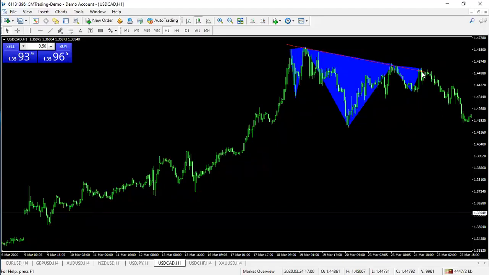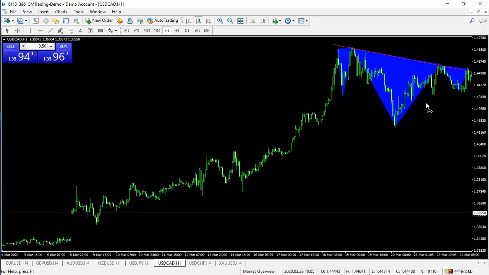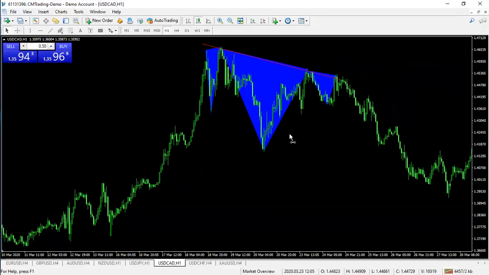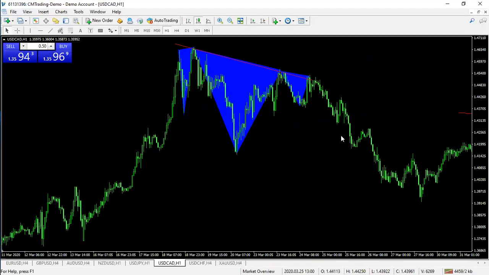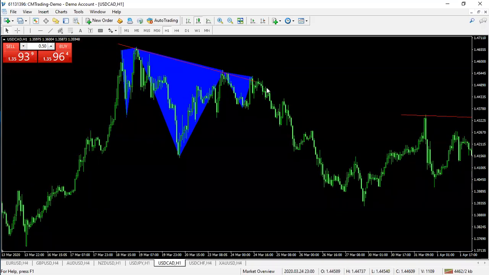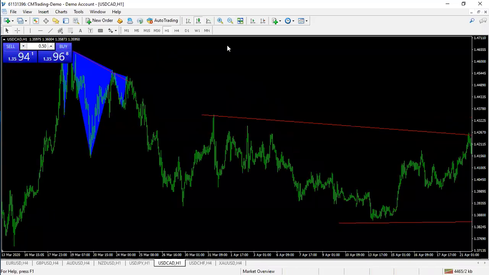There was no confirmation. You can see we have this shoulder, then this head, and another shoulder. We had no confirmation, so you can see the importance of waiting. The market went down, meaning there's something else in play.